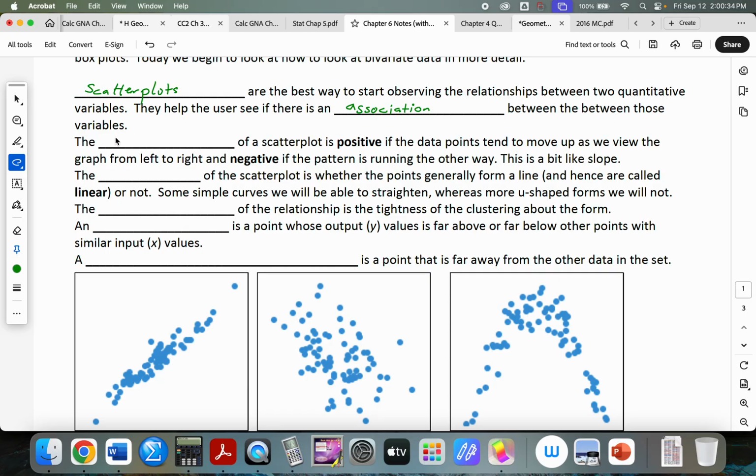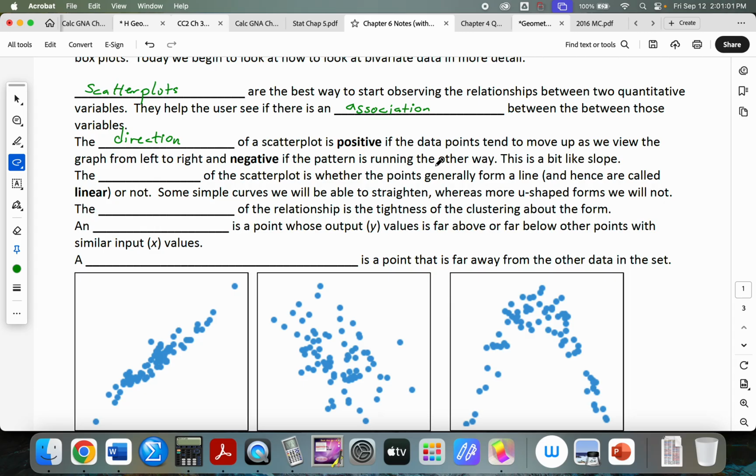So the direction of a scatter plot is positive if the data tends to move up as we view the graph from left to right, and negative if the pattern is running the other way. So if as one variable increases, the other one does as well, then that tends to be positive.